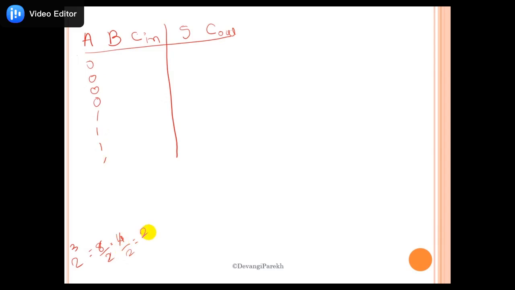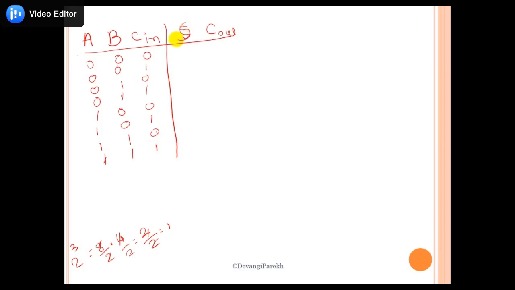So in the B series, we write 2 times 0 and 2 times 1, and again 2 times 0 and 2 times 1. Now for the C series, again we divide by 2, so we get 1. So 1 time 0, 1 time 1: 0, 1, 0, 1, 0, 1. So here are the possible combinations for the full adder.